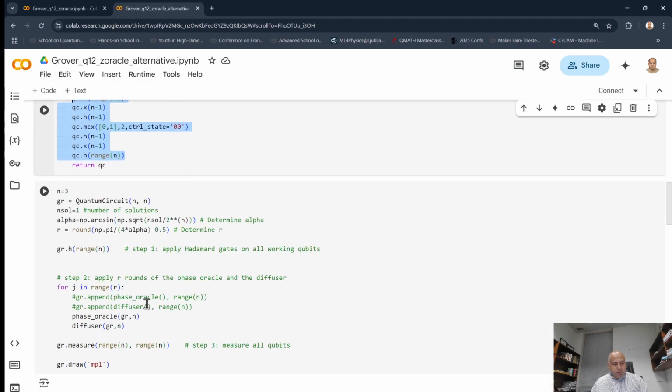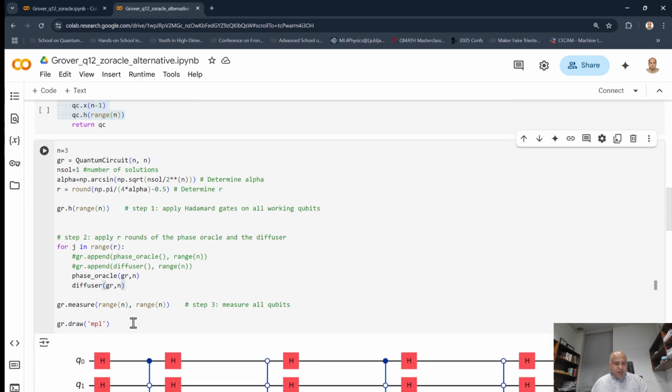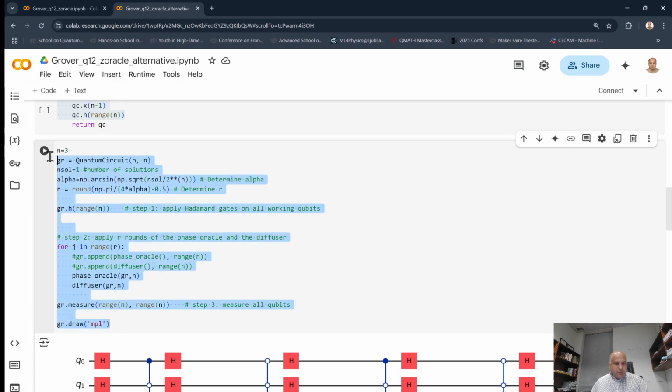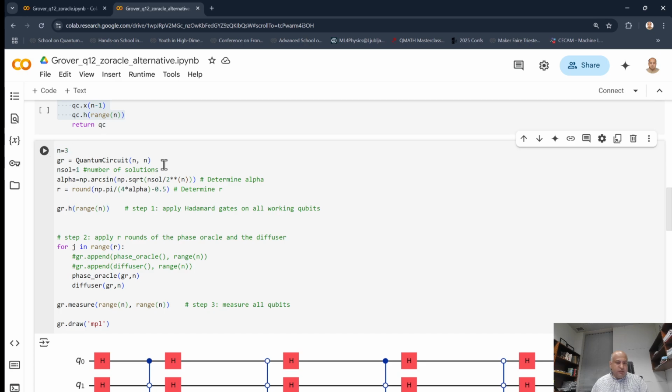Okay, so this is the main part of the circuit. Here I have these 3 qubits, and then this is the circuit initialization, and this is the number of solutions, which is 1, since we are only working with one solution.